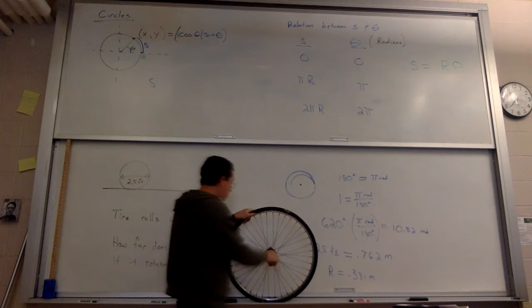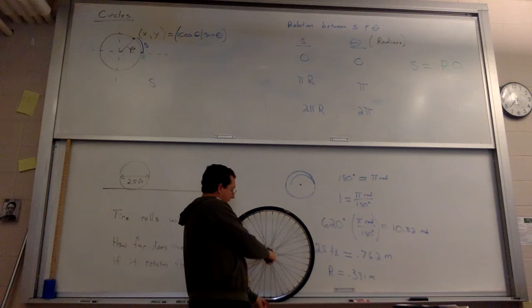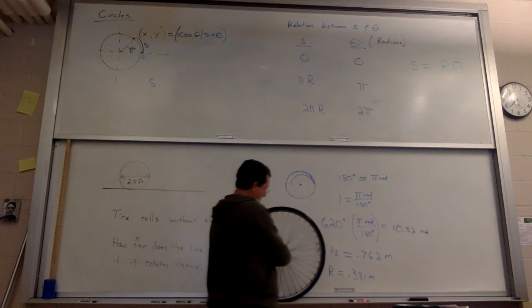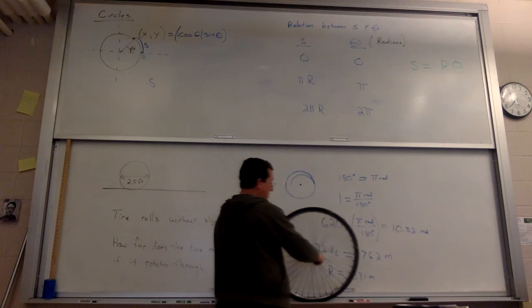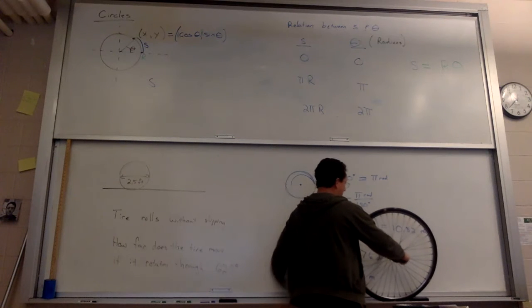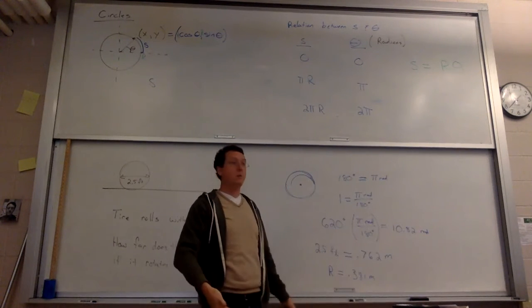You just keep track, and what you can hopefully see is that the amount of string that is unspooled is equal to the arc length that comes in contact with the ground.